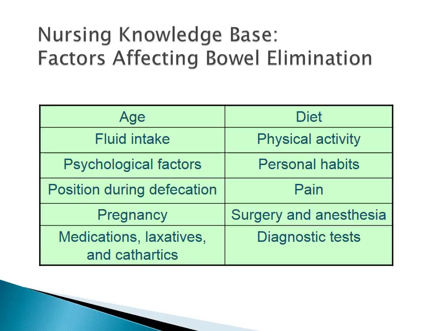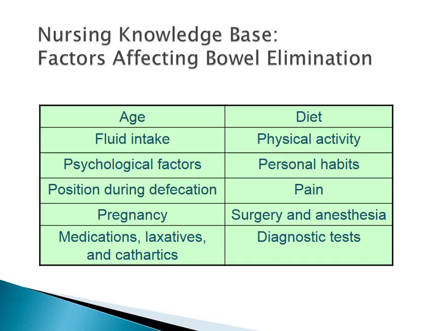I did want to reinforce that as far as fluid intake, it's important for patients to drink anywhere from 1.5 to 2 liters daily. That's important for them to have adequate amounts to liquefy their stool. Pregnancy puts pressure on the rectum, so it can cause obstruction. With this pressure, they have a slow process of peristalsis, especially during the third trimester, so many of them will get constipated.